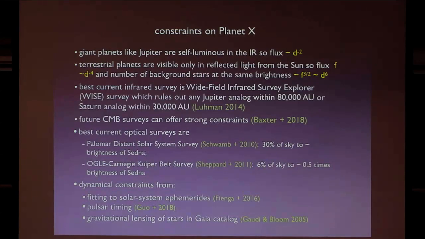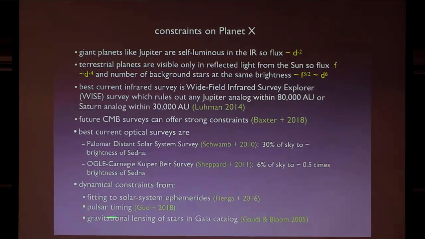There are dynamical constraints. Fits to solar system ephemerides, as I've said, don't show any positive evidence for extraplanets, but are sensitive enough they could certainly detect some of the planets I've discussed in some phases of their orbits.